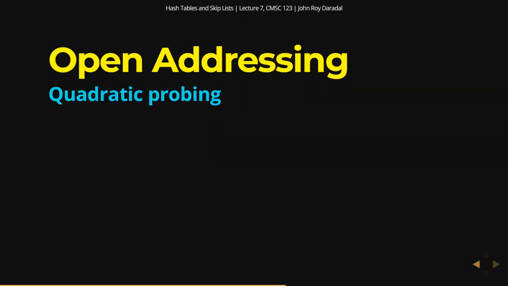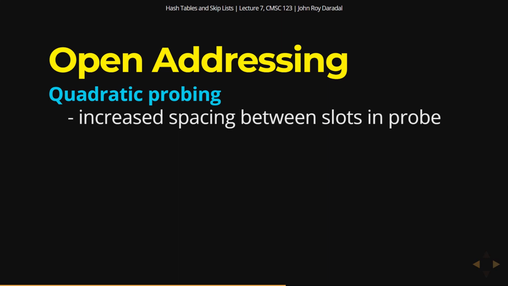Now, other open addressing techniques include quadratic probing. So what we do here is we kind of increase the spacing between slots during the probe. So for example, you try the hash value first.